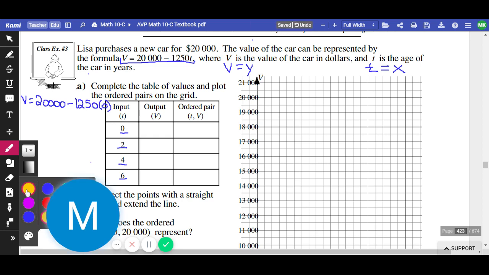Put this thing into your calculator, and you'll figure out what your output value is. It happens to be $20,000. It sounds like stuff we did yesterday. We took inputs, we put them into an equation, we got outputs. In our case, when an input is 0, the output is 20,000. That means we have an ordered pair and it's 0, 20,000.